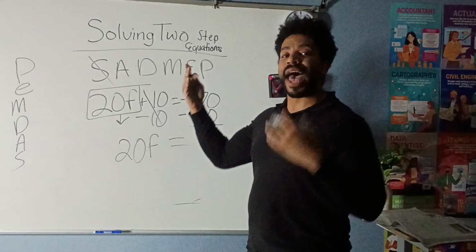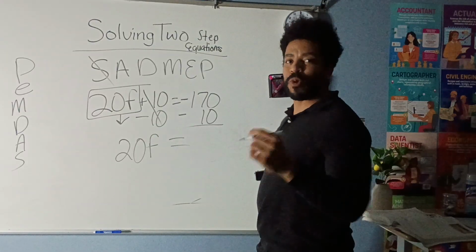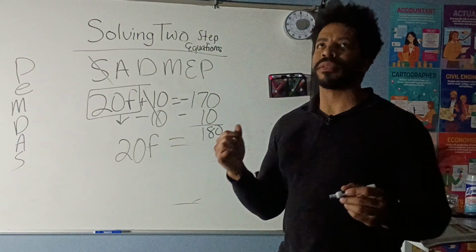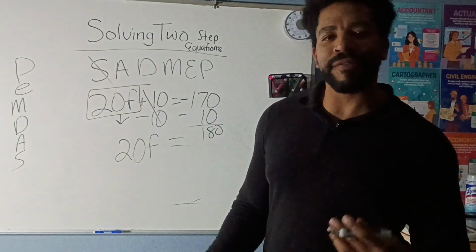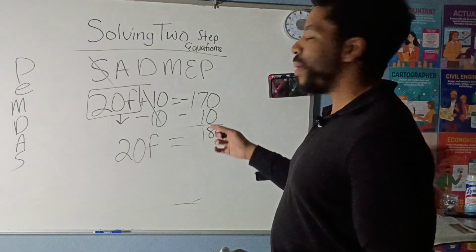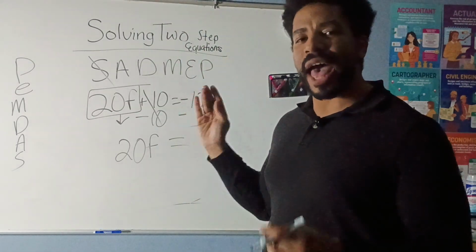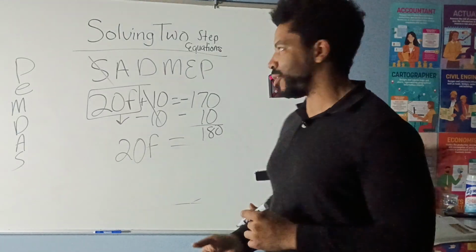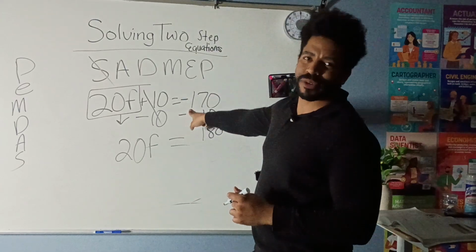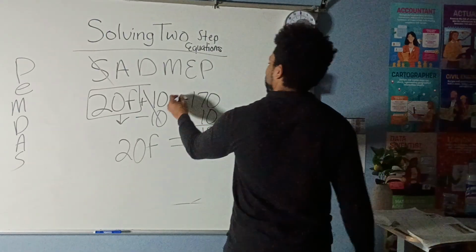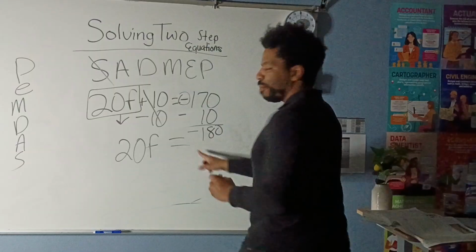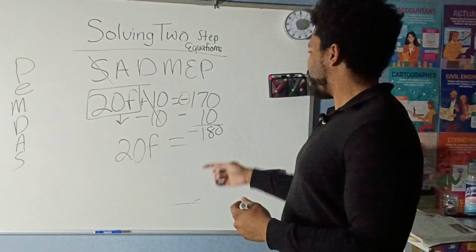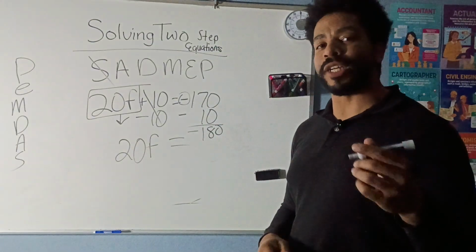And so we're going to add them together and you're going to get 180. And then to figure out what sign I have, you always want to pick the number with the greater absolute value. That's something that we use when we're adding and subtracting integers. The greater absolute value is going to be the 170 right here, and so your number is going to be negative. Now what we're comparing is 20f is equal to negative 180.